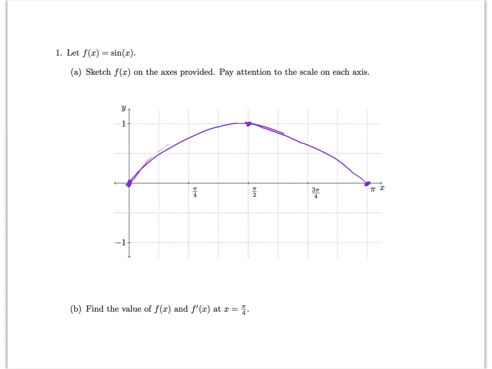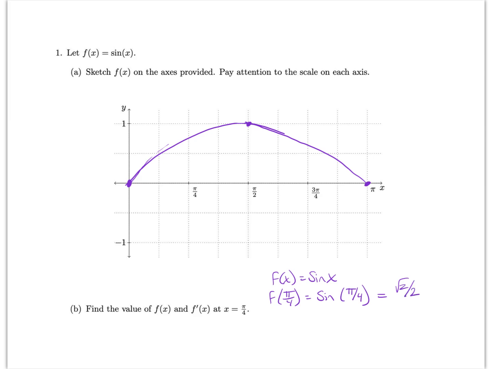Okay, now I'm supposed to calculate f of pi over 4 and f prime of pi over 4. So if f of x is sine of x, then f of pi over 4 would be the sine of pi over 4. And I'm imagining the unit circle, and the sine is root 2 over 2.